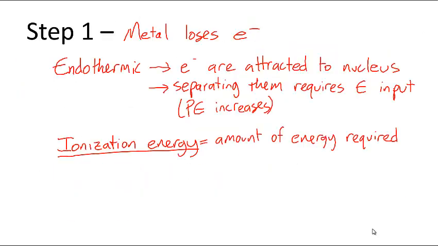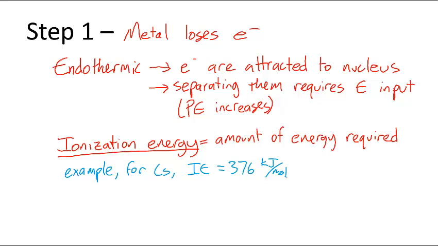Okay, so we chose the weakest element we could think of, which was cesium. In the example of cesium, the ionization energy was, we'll call it, 376 kilojoules per mole. So we've got to put in 376 kilojoules per mole to remove electrons from cesium.